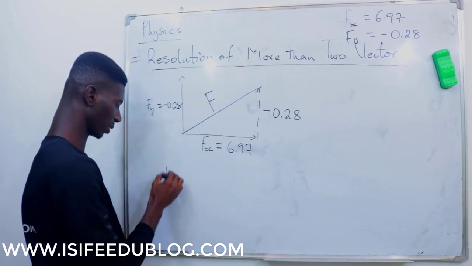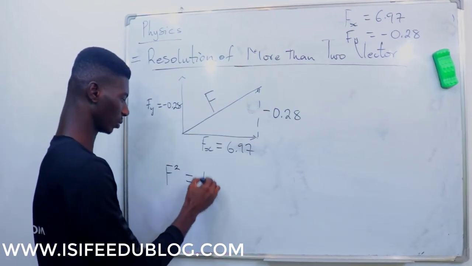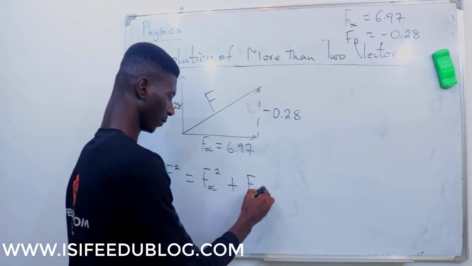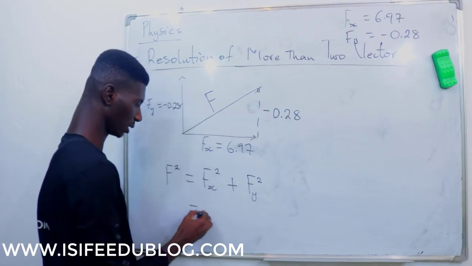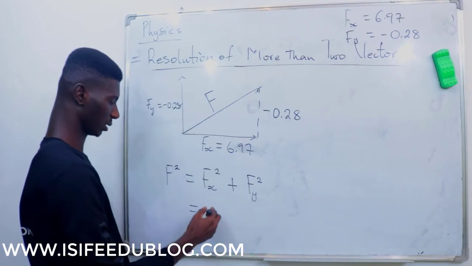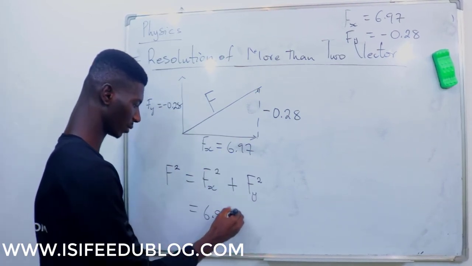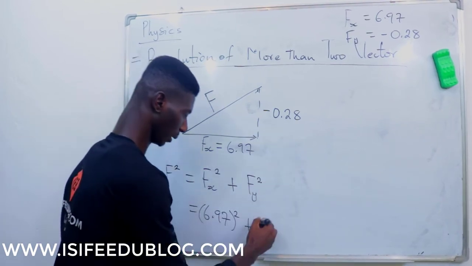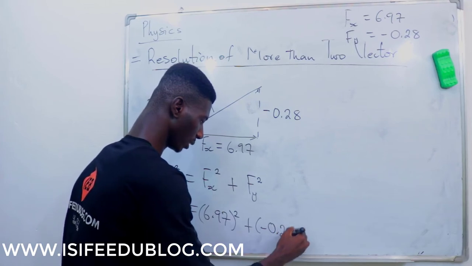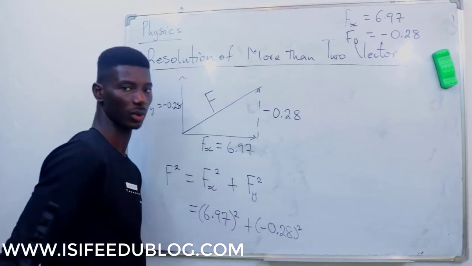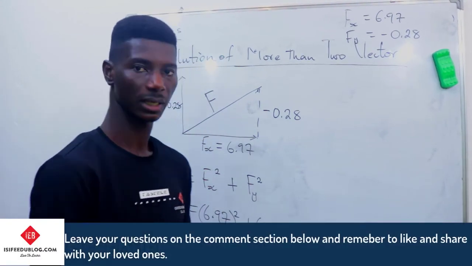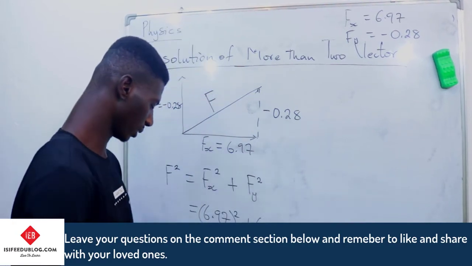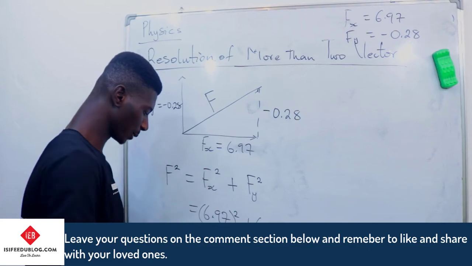Our resultant force becomes F squared is equal to Fx squared plus Fy squared. So this gives us Fx is 6.97 all squared plus minus 0.28 squared. This is where I say that the negative sign will not affect the answer, because anything negative squared will always give you positive.